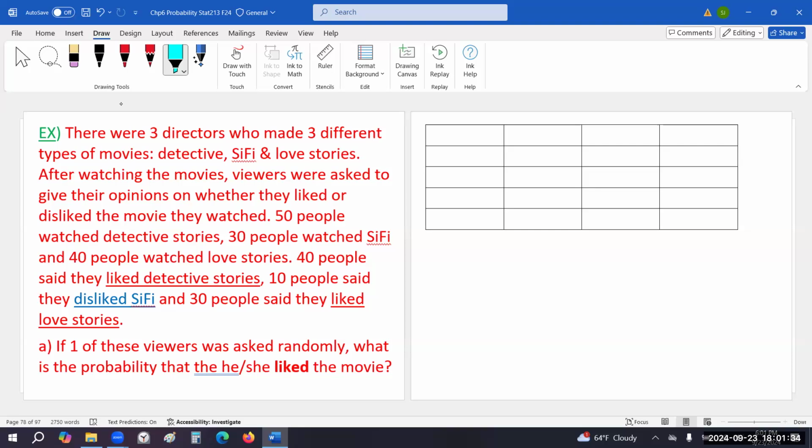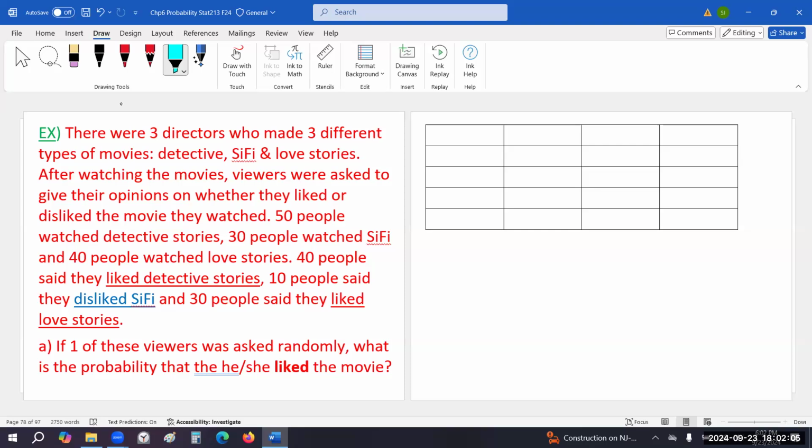After watching the movies, viewers were asked to give their opinion on whether they liked or disliked the movie they watched. 50 people watched detective stories, 30 watched sci-fi, and 40 watched love stories. 40 people said they liked detective stories, 10 said they disliked sci-fi, and 30 said they liked love stories.